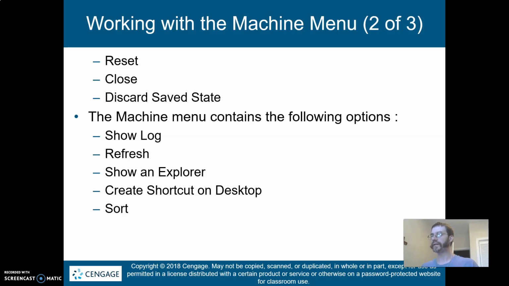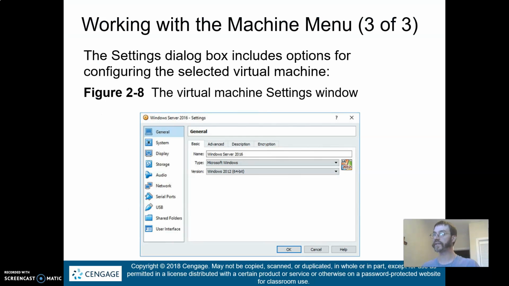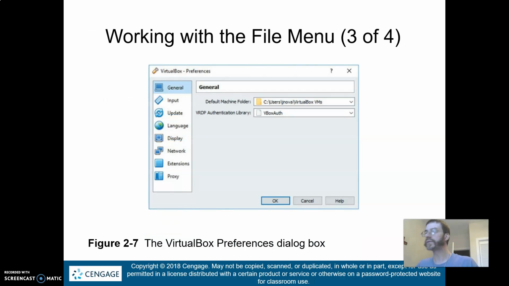You can also do things like show the logs, show an explorer, create a desktop shortcut to a specific VM, sort them, things like that. Kind of like this. The virtual machine settings window actually looks, in some ways, rather similar to, I mean, the layout is the same. The options are different from your file menu.